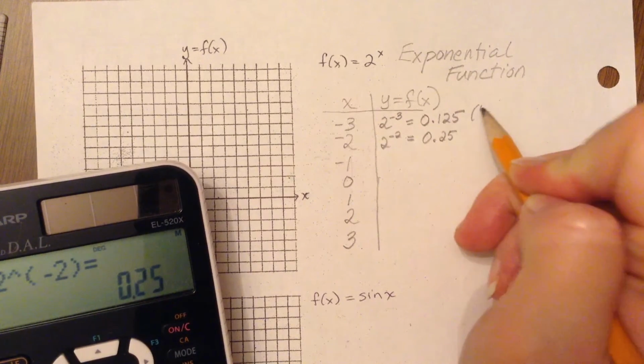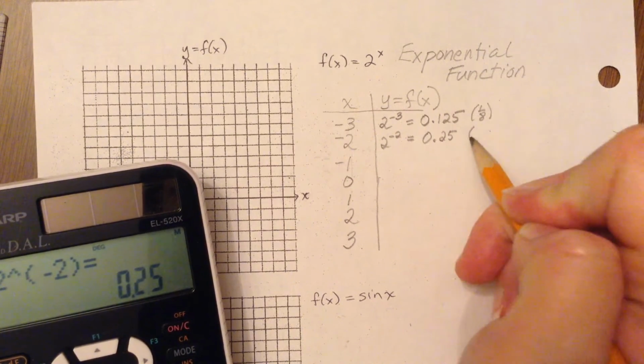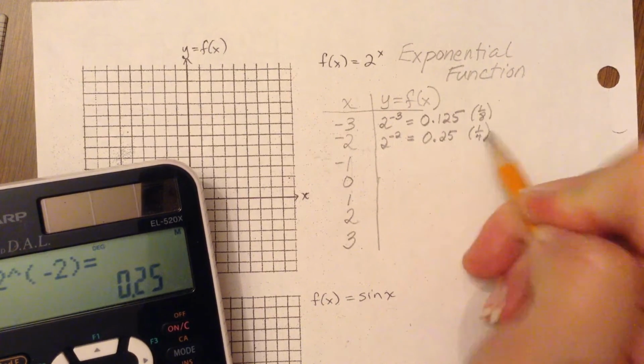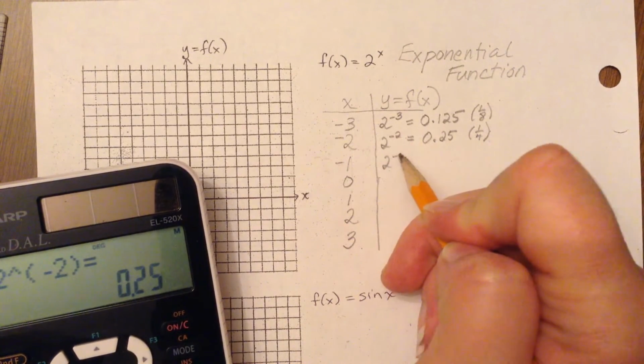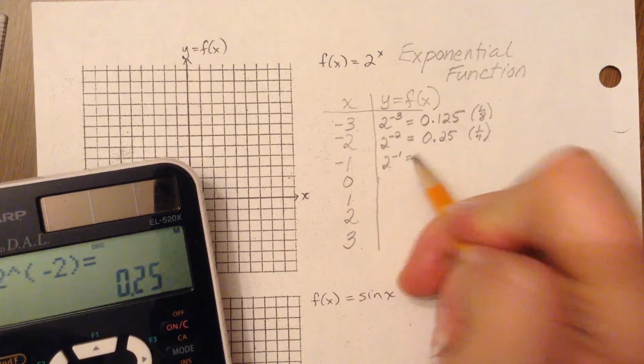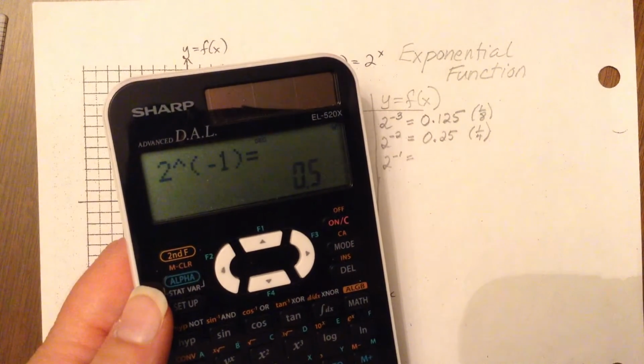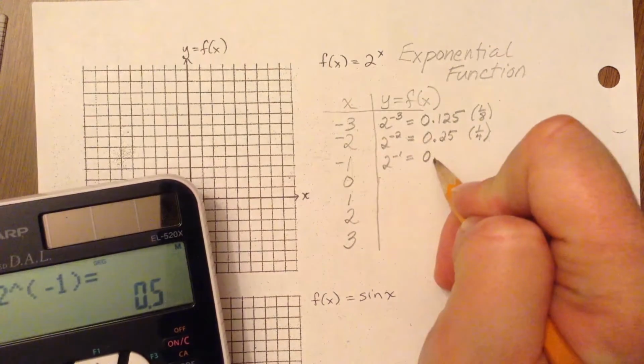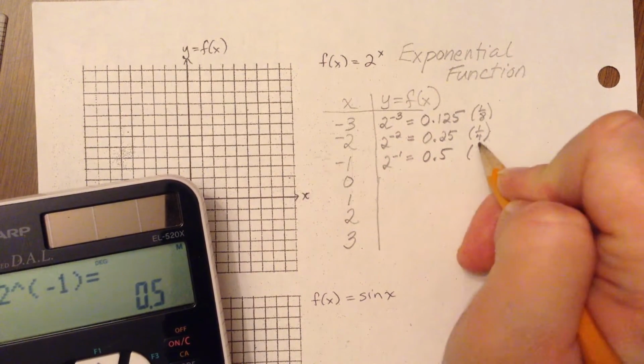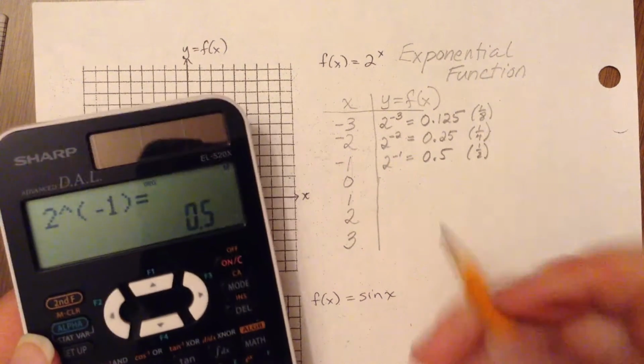I'm just going to put in brackets and maybe you'll see the pattern. 2 to the negative 1 is 0.5, which is 1/2.